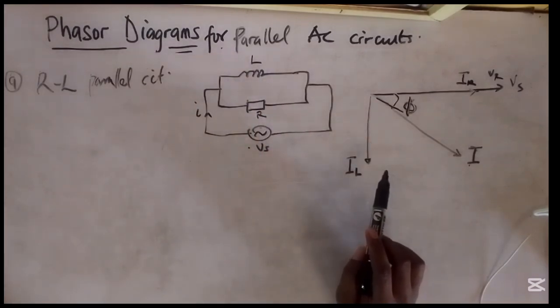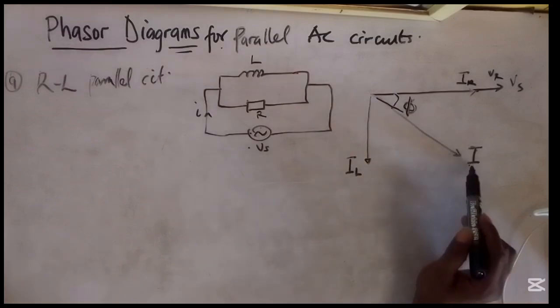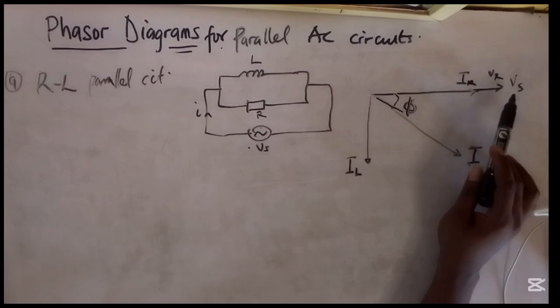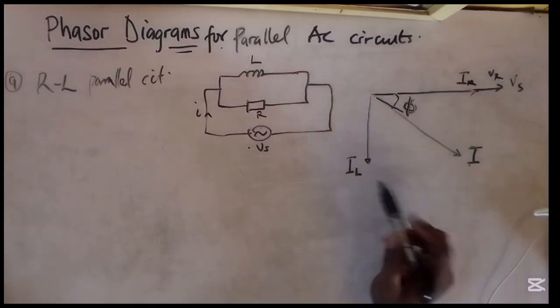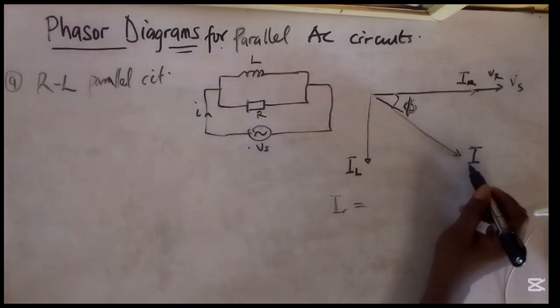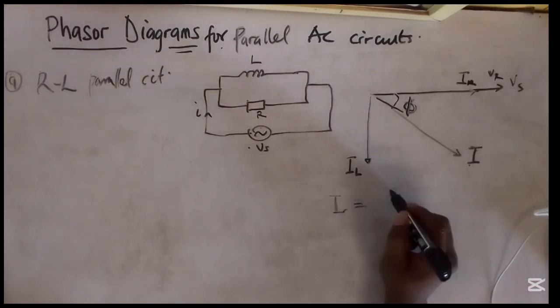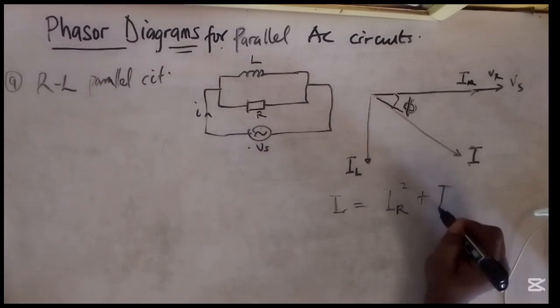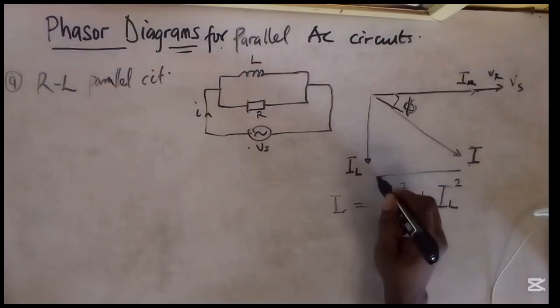So the resultant current is seen to lag behind the applied voltage Vs. And the magnitude of I, the current here, is the square root of IR squared plus IL squared.